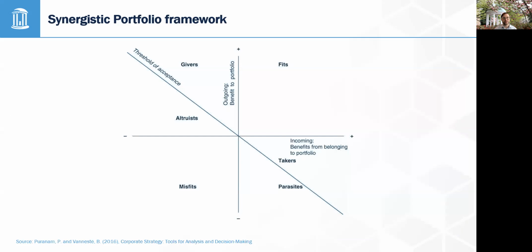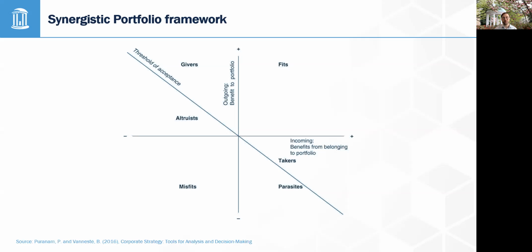So Beats headphones is part of Apple's portfolio of businesses. And if they benefit from being in that portfolio, Beats would be placed further to the right on this framework. The vertical axis of this framework is about benefits to the portfolio.